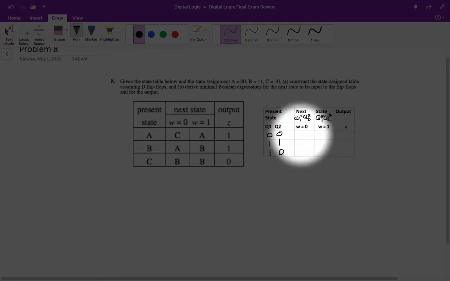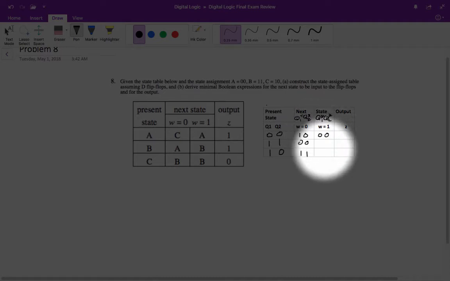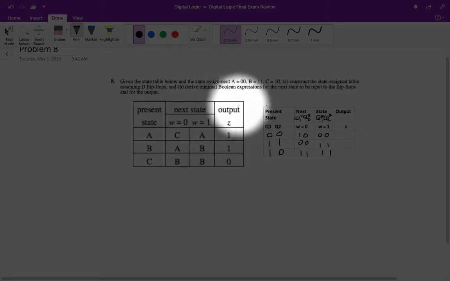So C is 1 0, A is 0 0, and B is 1 1. A is 0 0, B is 1 1, and B is 1 1. Okay, so now the output doesn't change, so that will just be 1, 1, 0.